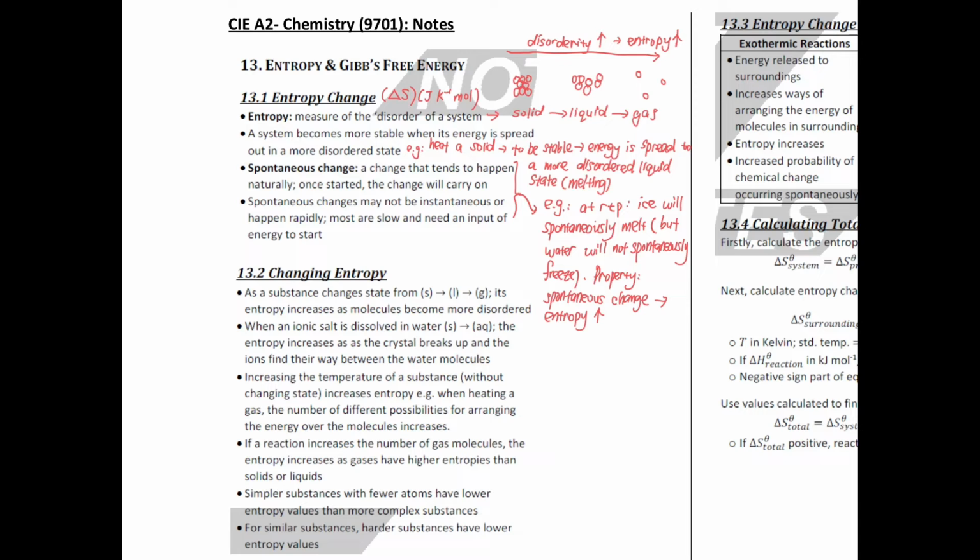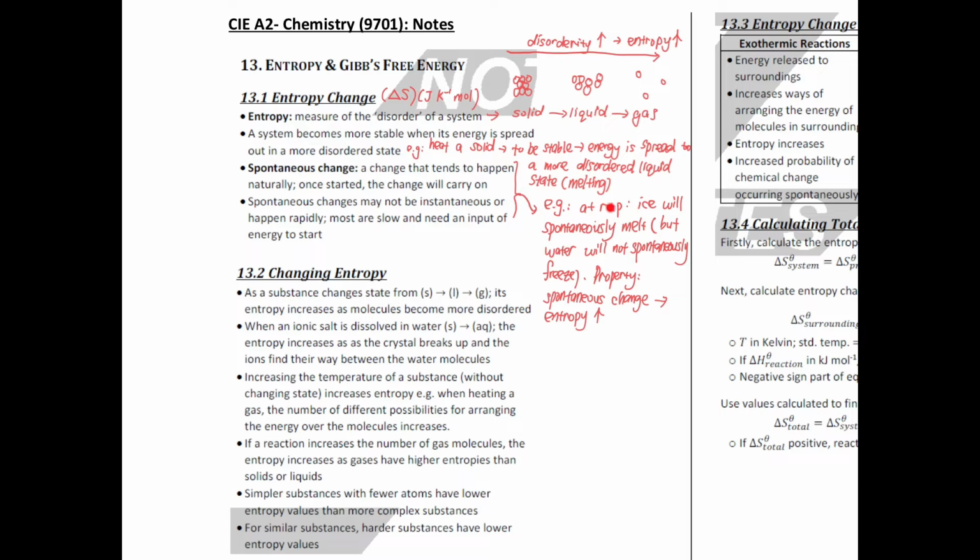Now let's move on. Spontaneous change may not be instantaneous. Instantaneous means it happens quickly. It can happen slowly or rapidly. Most are slow, like the melting of ice, unless you heat it up.